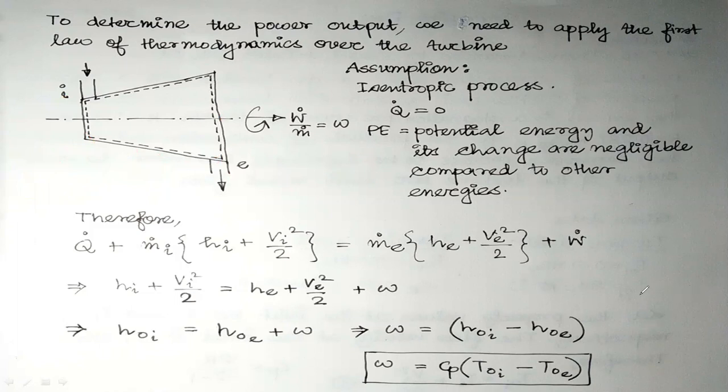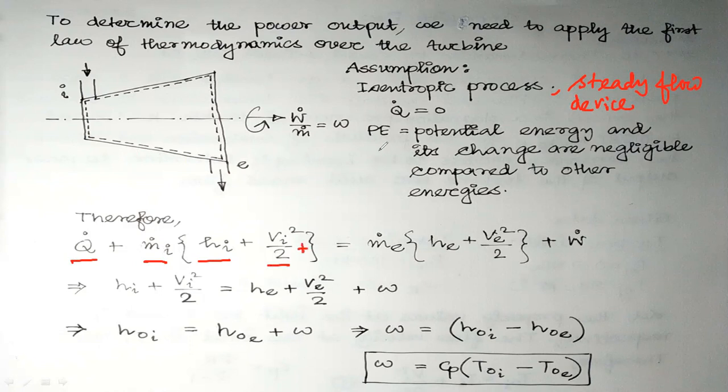Now if we write the steady flow energy equation, another thing that definitely we have to assume is that it is a steady flow device. So if we write the steady flow energy equation, it is Q dot plus mass flow rate at the inlet multiplied by enthalpy at the inlet plus kinetic energy plus potential energy.